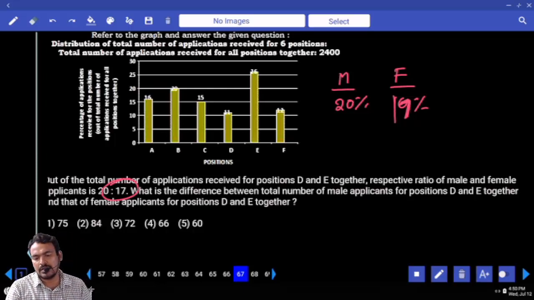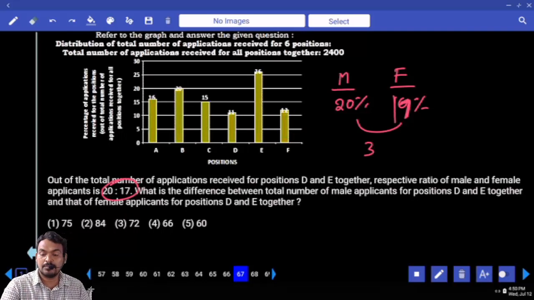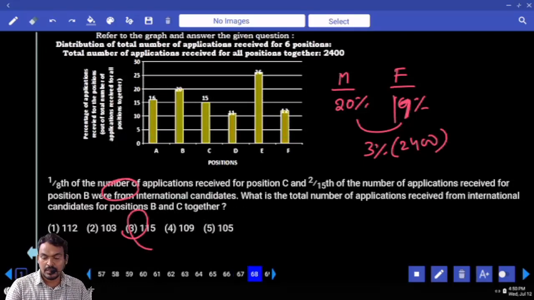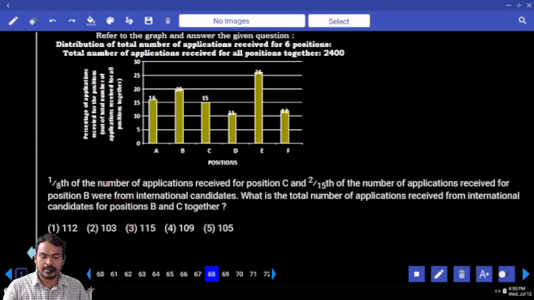What is the question here? Difference between male and female. How many parts are different? How much percent are different? 3%. 3% of which value? 2400. What is the answer? 72.